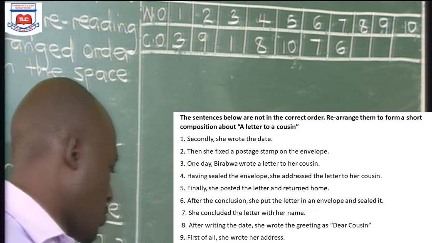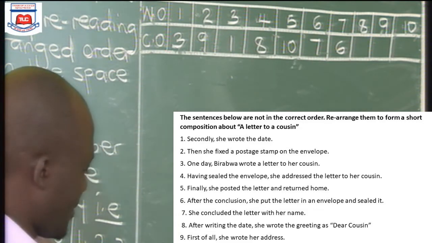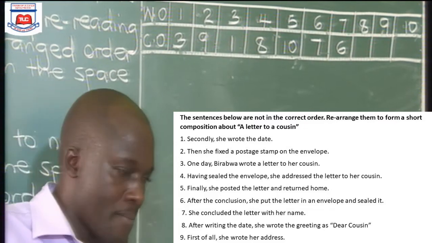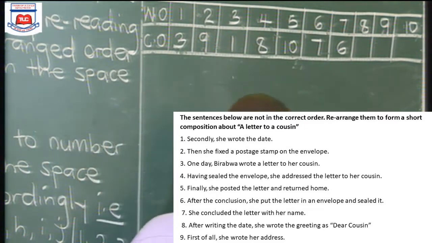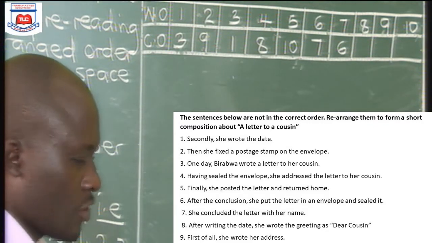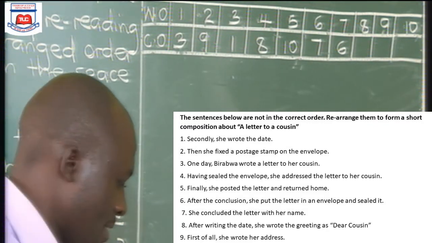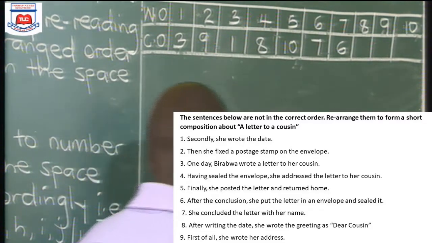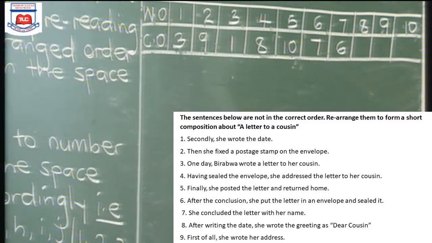After the conclusion, remember our number 6 is she concluded the letter with her name. Now number 7 is after the conclusion. I think you can see the connection which is there. Now after the conclusion, she put the letter in an envelope and sealed it. What followed?